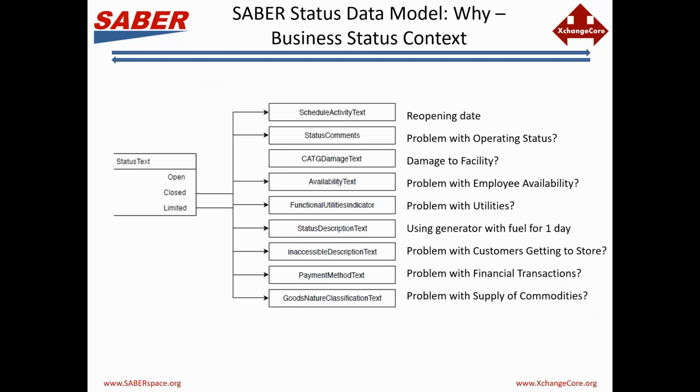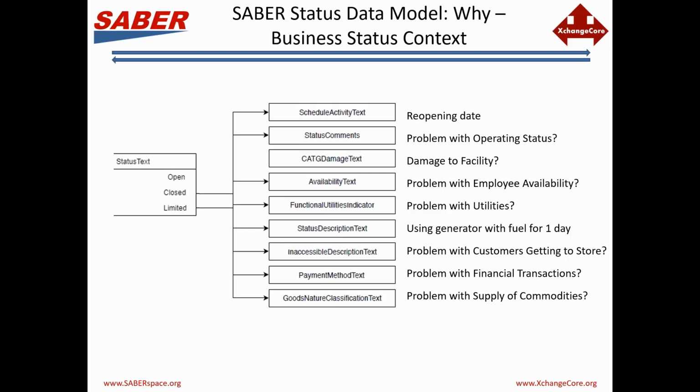The right-hand column only exists when the closed or limited status, as you can see there, is set by the business, and then this set of now voluntary information, but now formalized information about the business context exists.